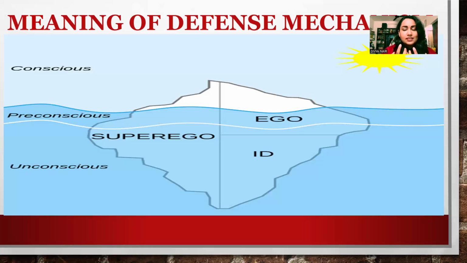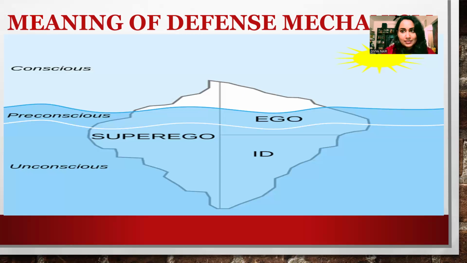Now since it's in a state of anxiety, it needs to come up with some solution or mechanism in order to face this constant anxiety or rift between id and superego. So the mechanism which ego utilizes to overcome this state of anxiety, those strategies, are said to be defense mechanisms.